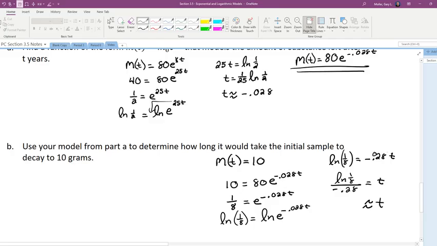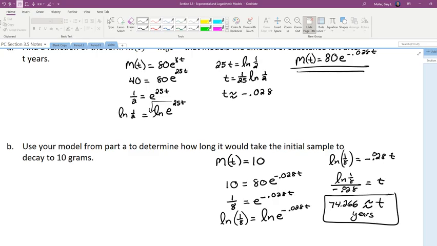There's a 0, and there's a 0 here. And so I got time is approximately 74.266. And this would be in years. Okay. There we go.